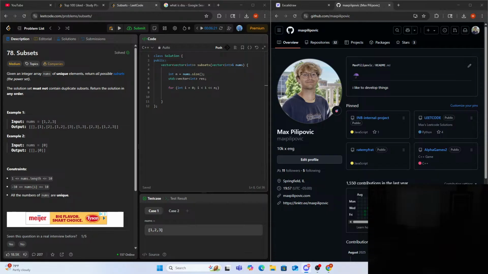Oh, what's up, Llama? Llama's in chat. Sorry, I just walked into my computer and I'm about to sell it in 15 minutes. You've made 1,550 contributions in the last year on GitHub.